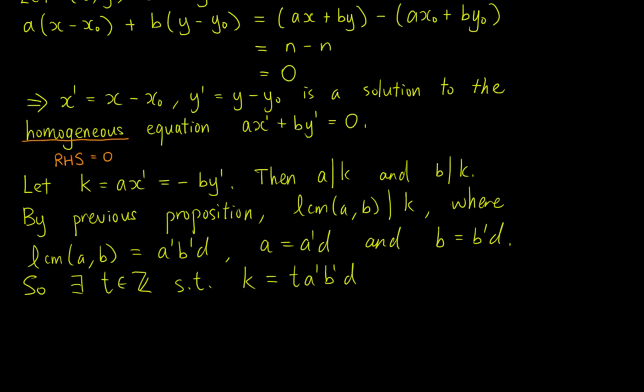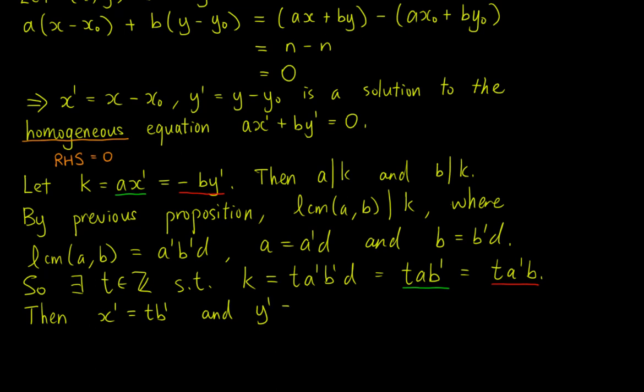So there exists an integer t such that k equals t times a prime times b prime times d, which equals t times a times b prime, and also t times a prime times b. Comparing these with the previous expressions for k, we know that x prime equals t times b prime, and y prime equals negative t times a prime.